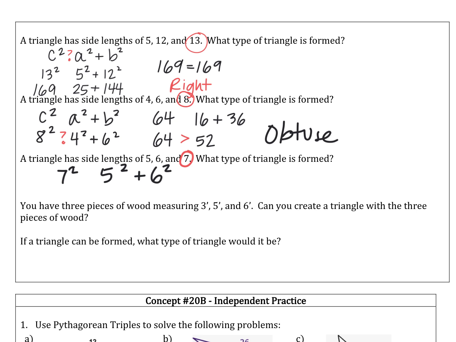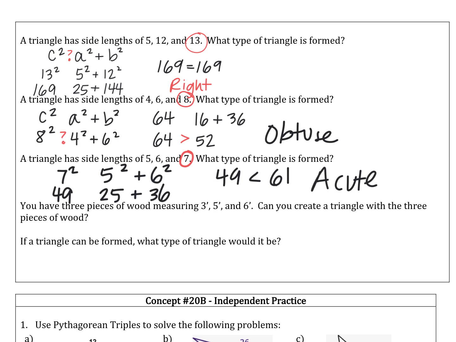So it'd be 49, 25, 36. 25 plus 36 is 61. You get 49 is less than 61, smaller. So it's going to be acute.